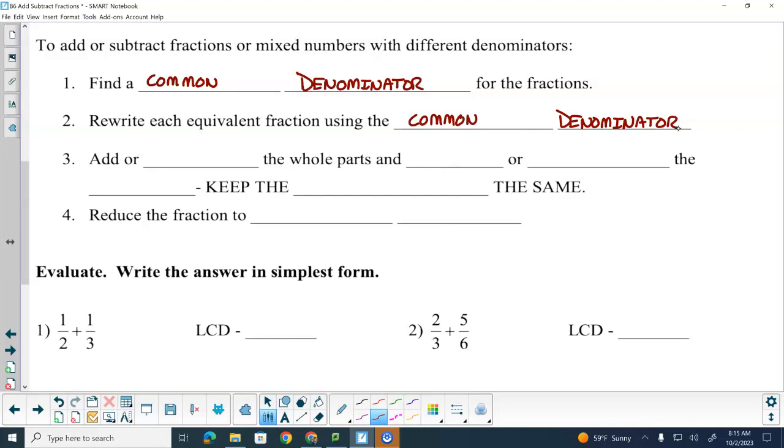Once we have them written as equivalent fractions with a common denominator, like example number 1 today, then we can add or subtract the whole parts and add or subtract the fractions.